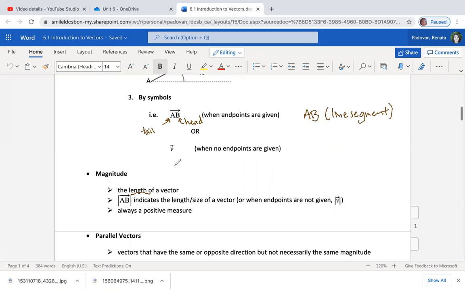So the length of a vector, let's just write down that that's a quantity only. And it indicates, again, the length or size of a vector, or when the endpoints aren't given and I can't say it's AB, I could just say the magnitude of vector V, right? It's always a positive measure. So you always indicate the magnitude as positive.